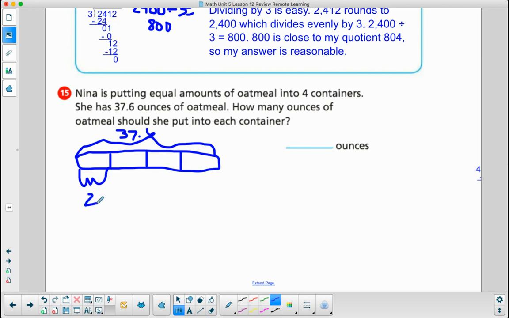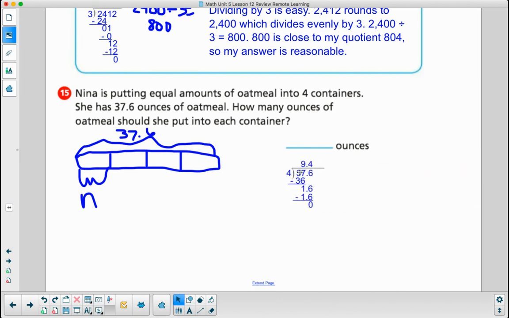I'm going to put Z for ounces, but that looks like a 2. How about I just use the old standby of some number, N. Okay, so I'm going to take 37 and 6/10 and divide it equally by 4 to find out how much in each one. And as I did that, here's what I got.